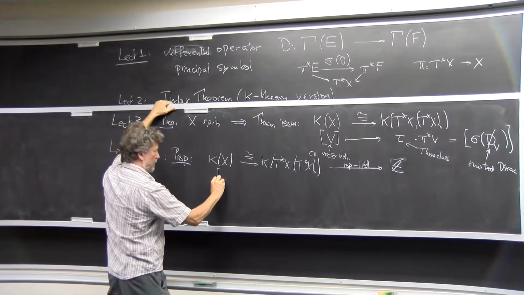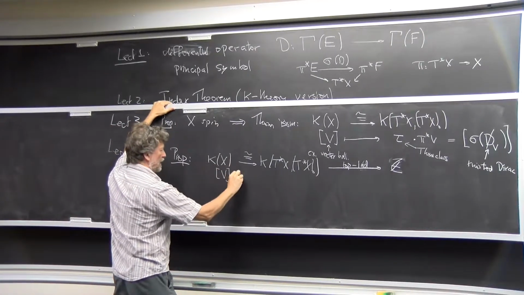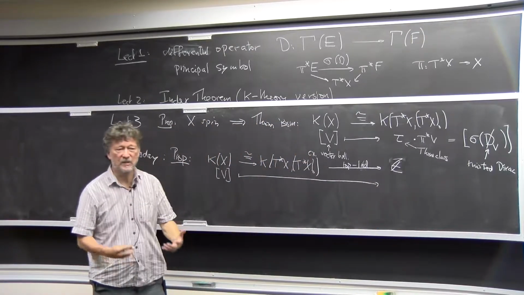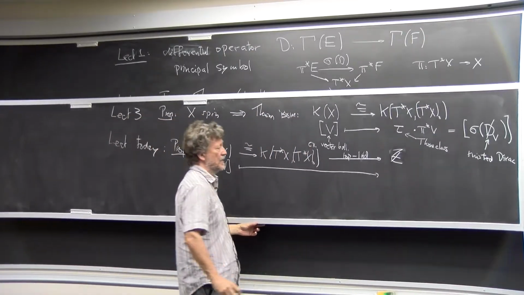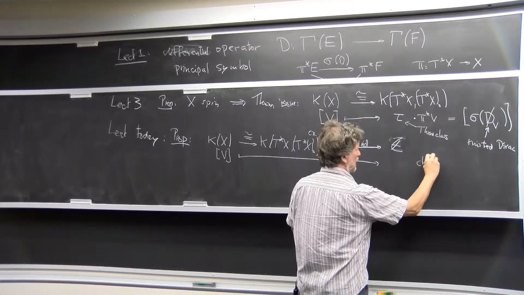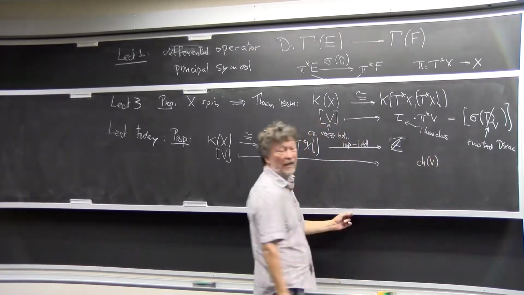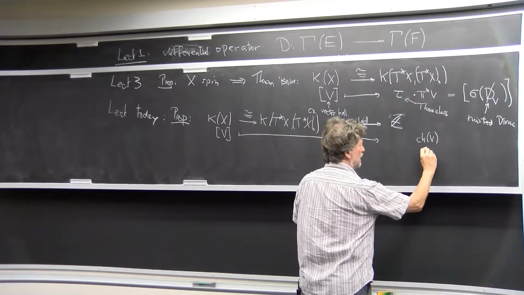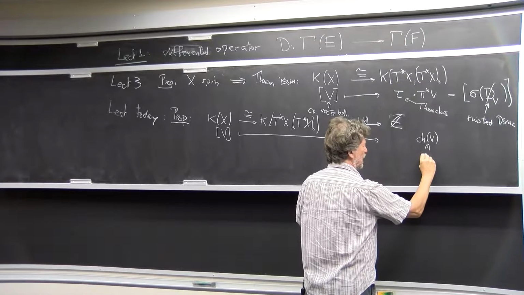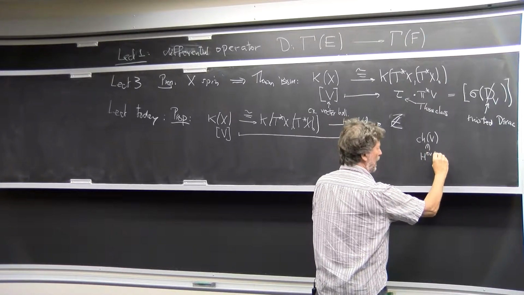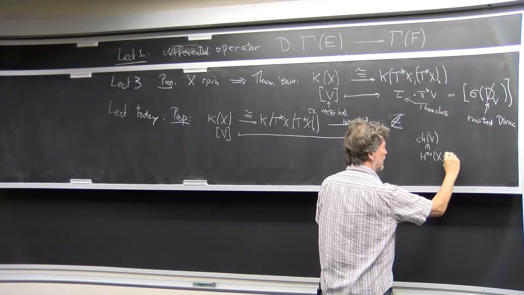So the question is, if you start with a vector bundle V, how do you calculate this number in an explicit way? The explicit way is this. You calculate a certain characteristic class known as the Chern character of this complex vector bundle V. This is an element that lives in the even cohomology groups of the manifold X with rational coefficients.